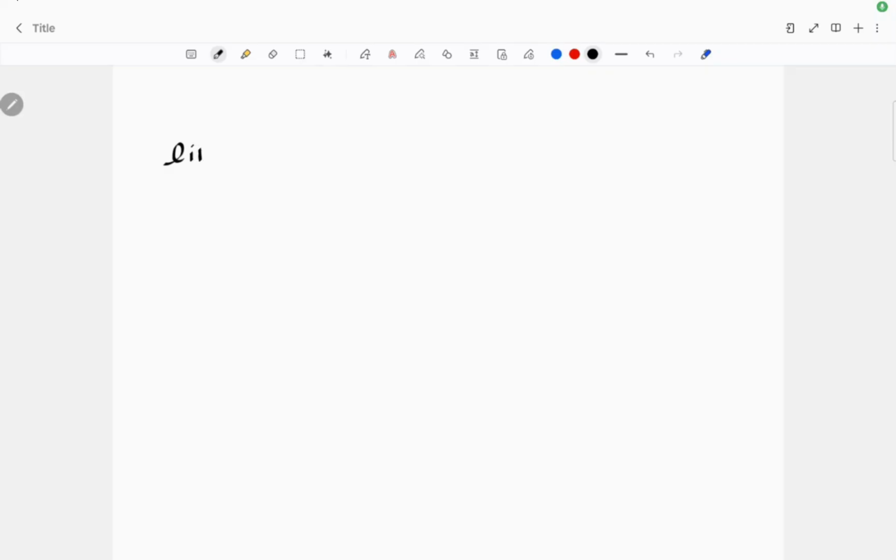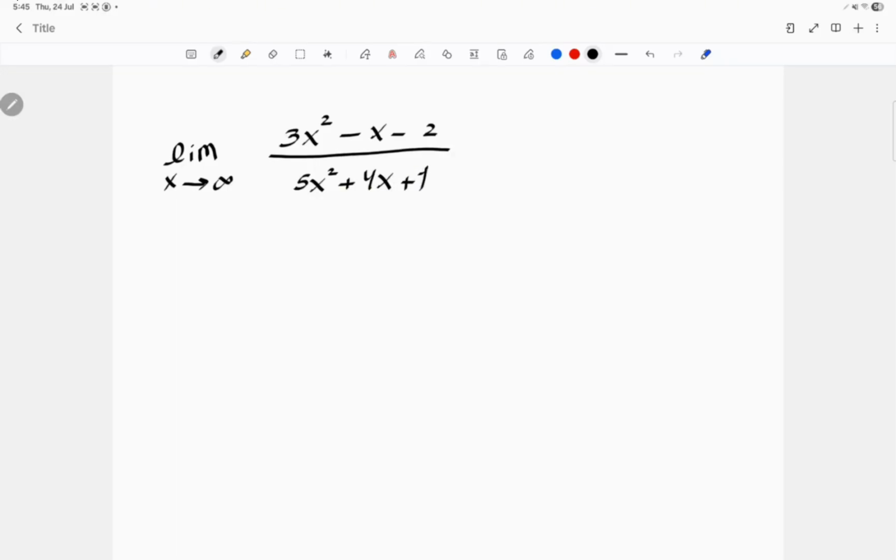More. Limit x approaching infinity, 3x squared minus x minus 2 over 5x squared plus 4x plus 1. Whenever you have x approaching infinity, look for the highest exponent of x on the top and the bottom.